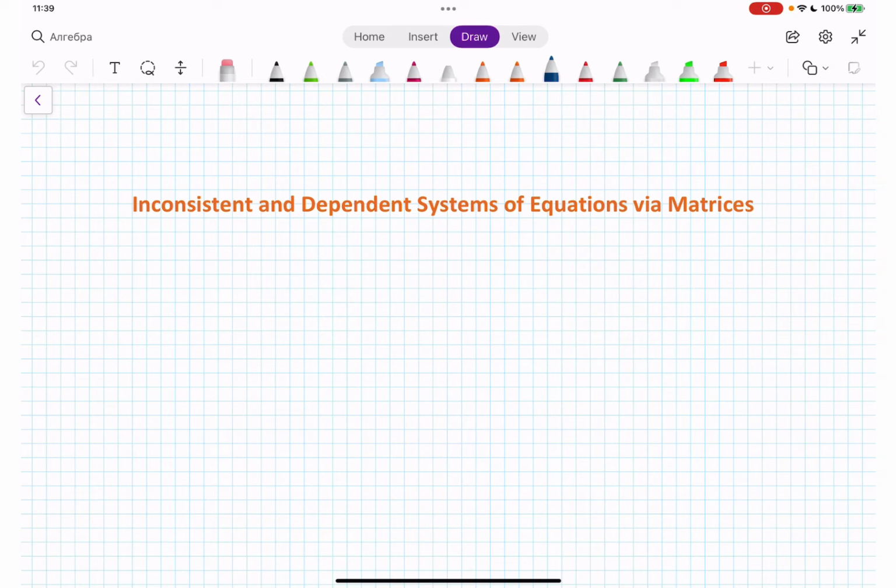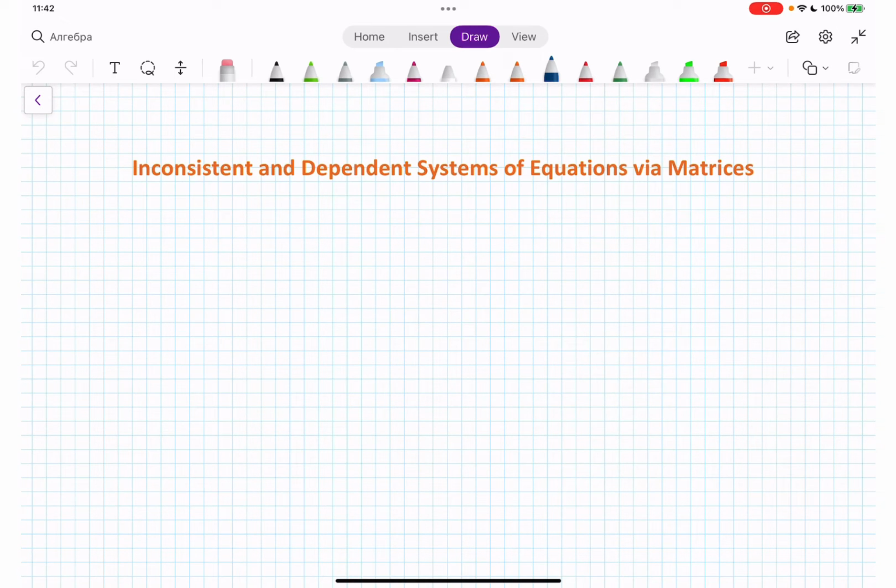So let's start to solve systems that are inconsistent first. We have 4x1 minus 3x2 plus 2x3 minus x4 is equal to 8.